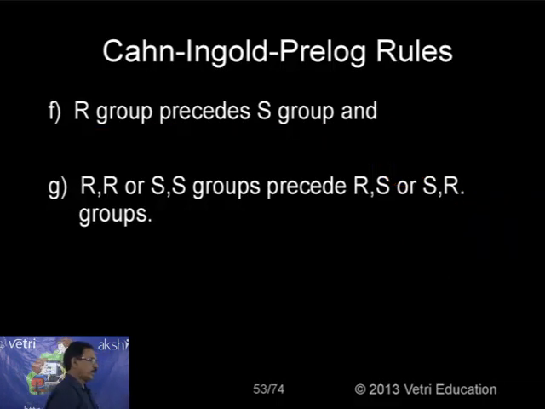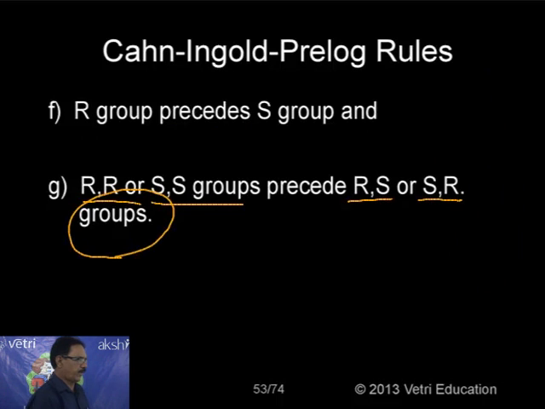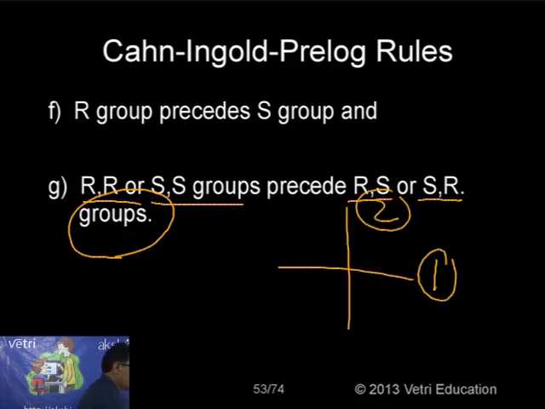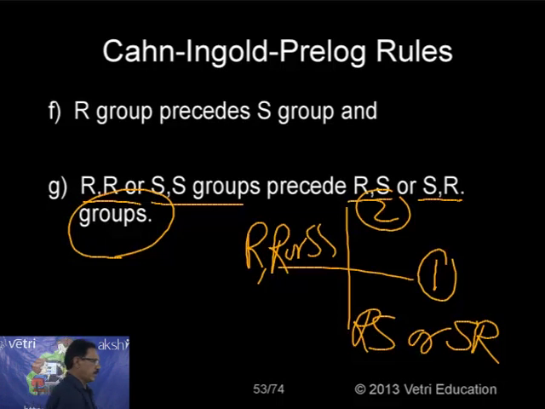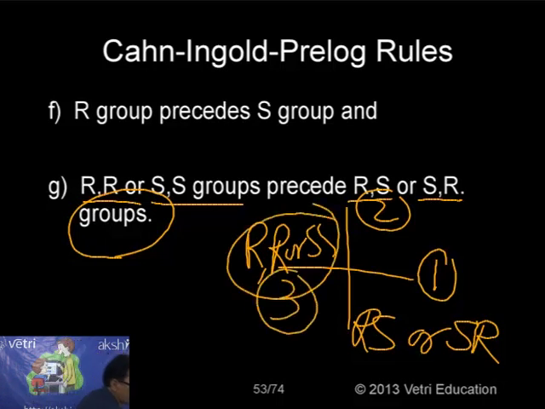The same way. Now RR and SS groups precede RS and SR groups. Suppose let me say this is 1, this is 2. One side is RR, another side is RS or SR. Automatically that RR group will take priority number 3, and this is number 4.